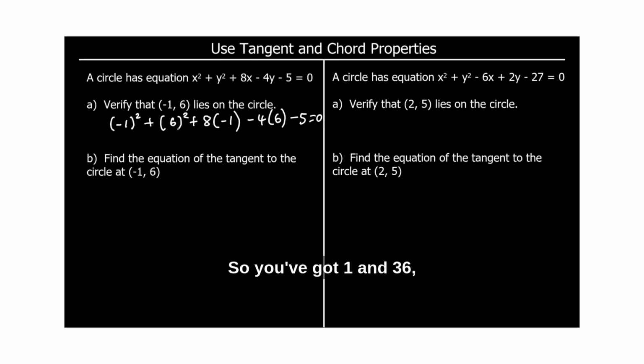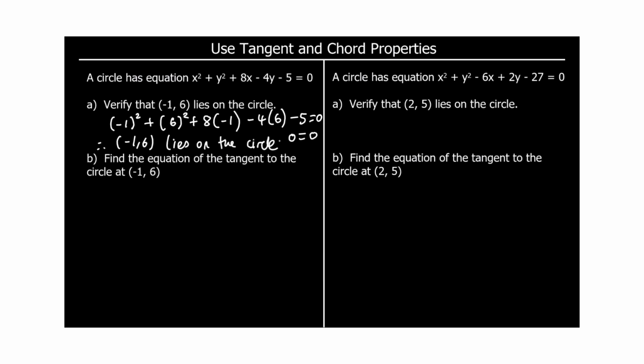So you've got 1 and 36, which is 37. Take away 8, 29. Take away 24, 5. Take away 5, 0. So 0 equals 0. Therefore, (-1, 6) lies on the circle.